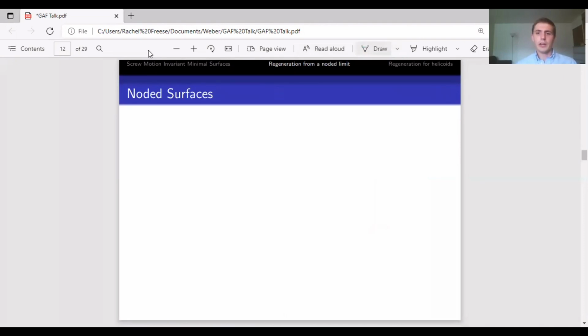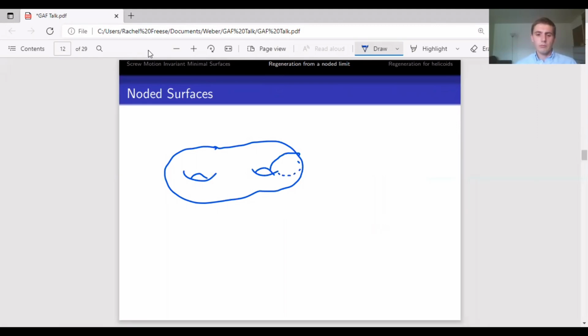So say you have a Riemann surface. It has different homology classes, and if you pinch these homology classes down to just one point, you end up with a nodal surface.